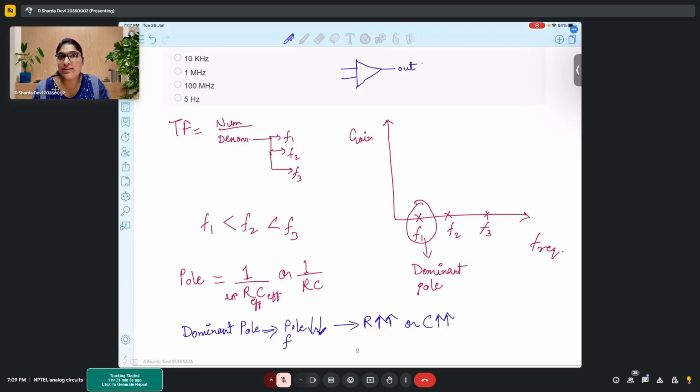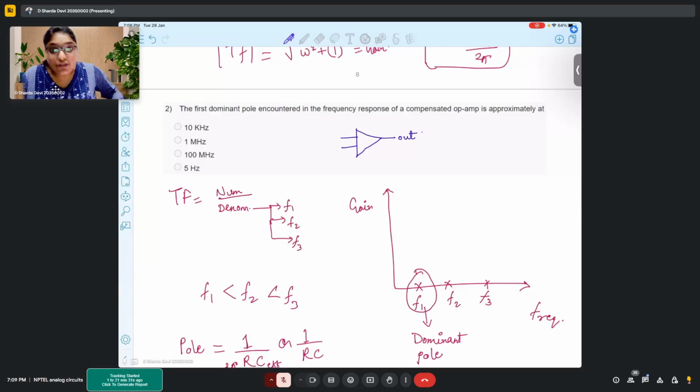So which pole will become dominant? The input pole will become dominant in the op amp. So your input pole is always dominant, and the smallest value, closer to zero, will become your first dominant pole. That's why 5 hertz will be your dominant pole. Is this clear?